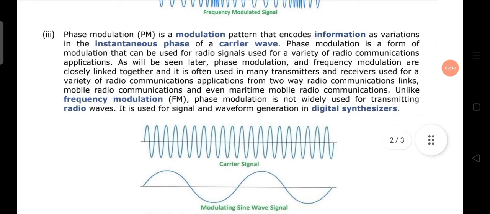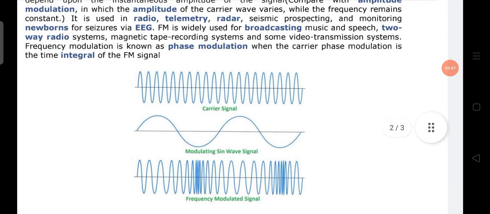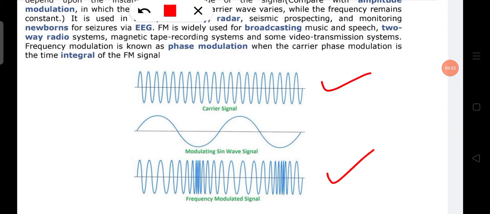Now the next one is phase modulation. In phase modulation, only the phase characteristic changes. Here, this is the carrier signal and this is the modulated signal.